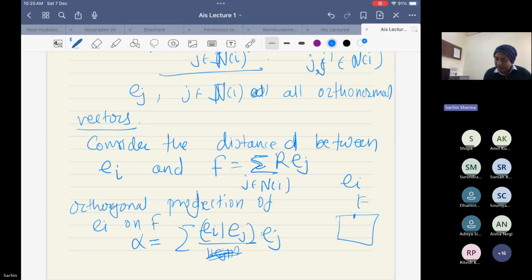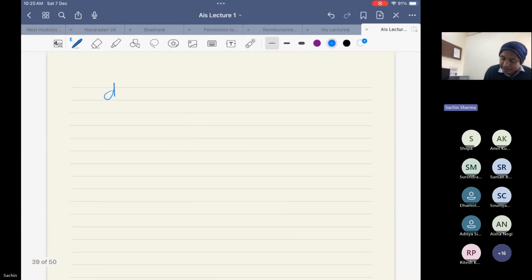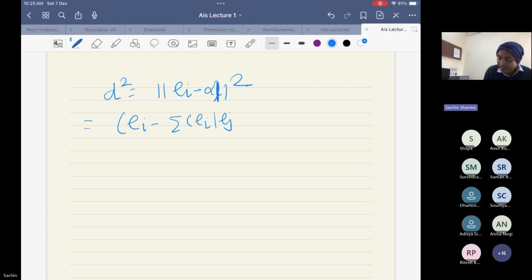So this is your element, and its projection lies in F. And what is the distance? d squared is the norm of e_i minus alpha, squared. That is e_i minus summation (e_i, e_j) e_j, taken with itself.